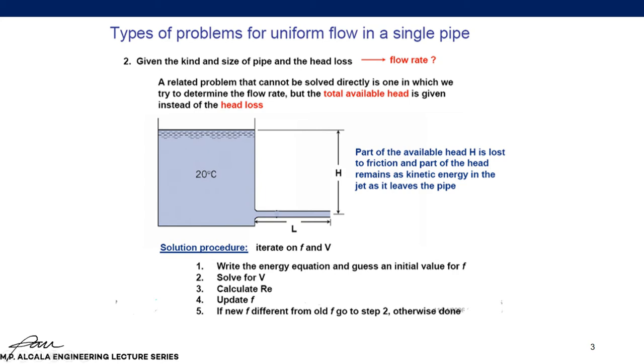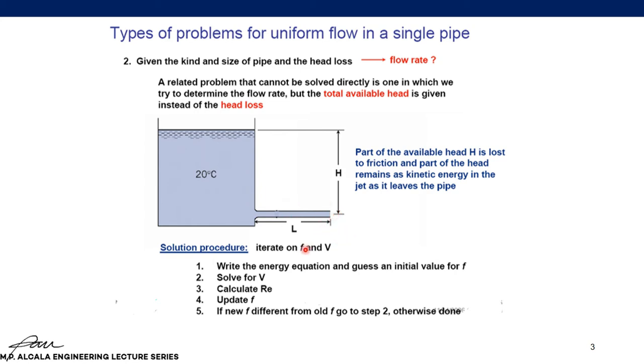So here is the step-by-step procedure. Let me use my laser pointer. Part of the available head is lost to friction, and part of the head remains as kinetic energy in the jet as it leaves the pipe. So in this case, you will have a velocity here.